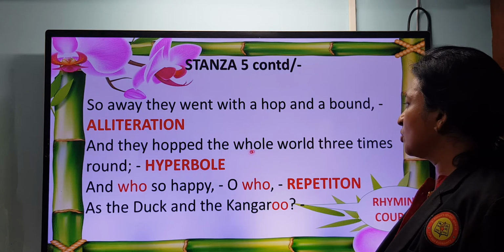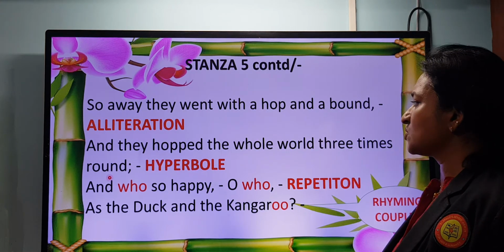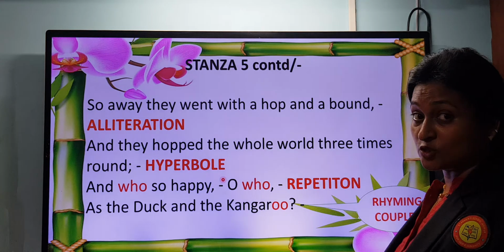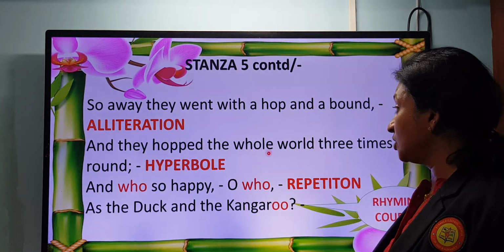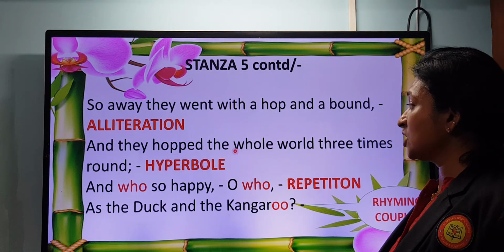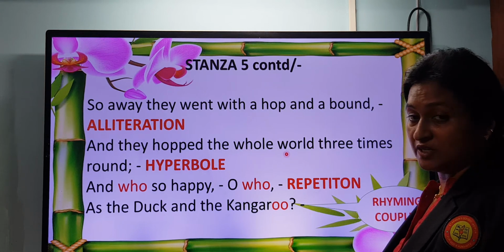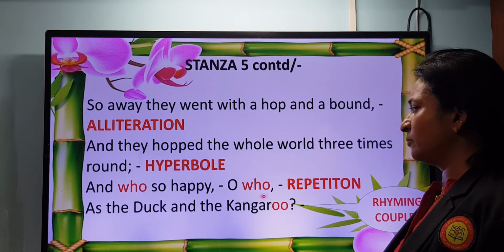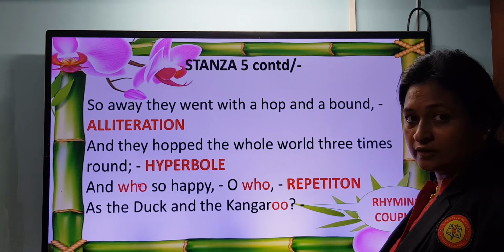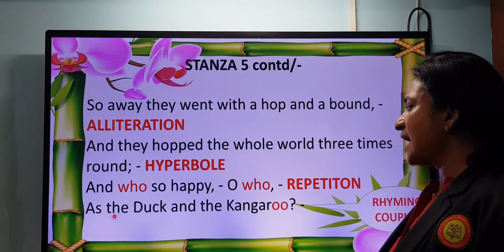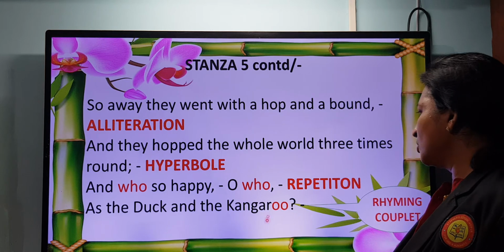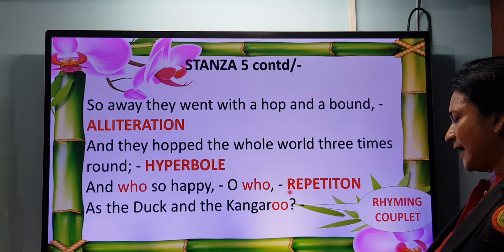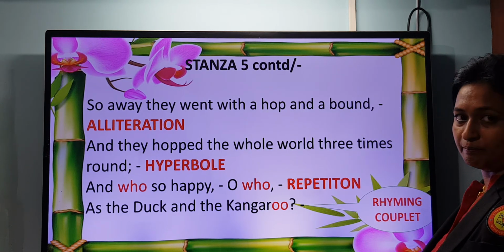And they hopped the whole world three times round, hyperbole, exaggeration, three times they have taken a round, and even you can write alliteration because W is being repeated. And who so happy? Oh, who, repetition, the word who being repeated, as the duck and the kangaroo. Even you can write who and kangaroo as rhyming couplet.